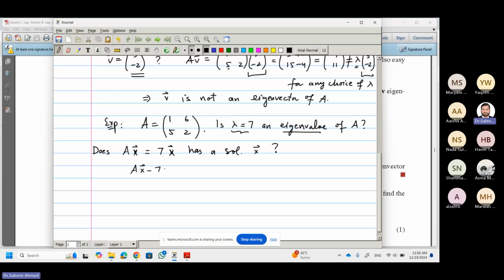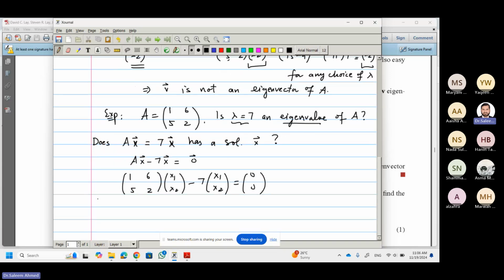So here, if I write AX minus 7X equal to 0. So A is 1 6 5 2 and X is x1 x2, and minus 7 X is x1 x2, equal to 0 0. So if you write the system here, it becomes x1 plus 6x2 and 5x1 plus 2x2, and then you subtract 7x1, and here you subtract 7x2.